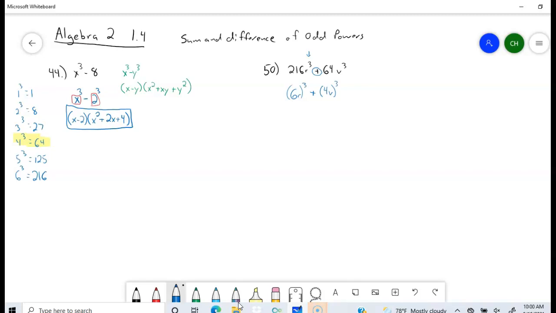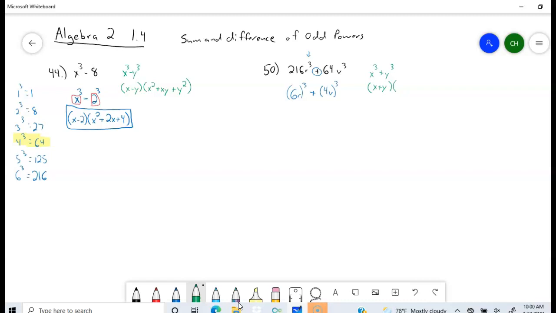The only difference here is it's going to look very similar to the difference, but I'm going to do it in green again so we match it up. If I have x cubed plus y cubed, so anything cubed plus something cubed, the way it's going to factor is I'm going to have x plus y. Notice the other one was x minus y. So those signs changed. And then the first sign will change.